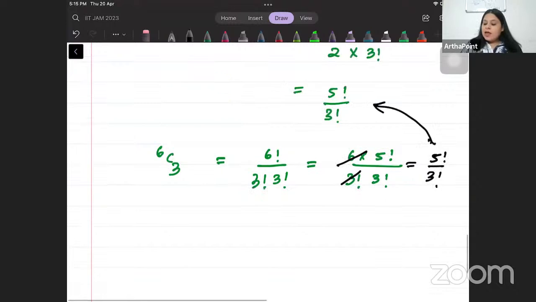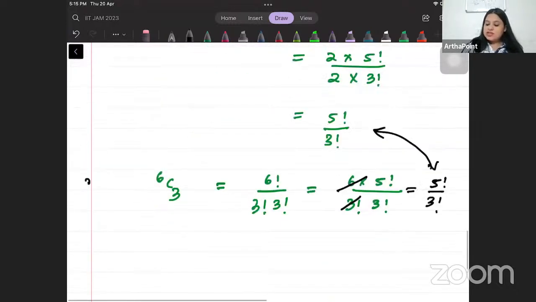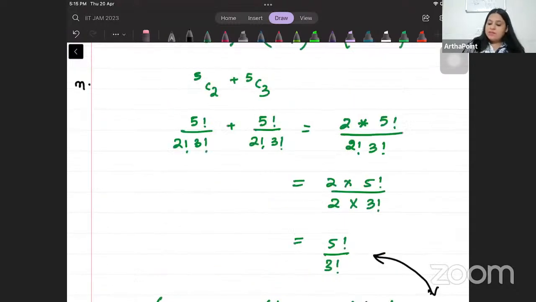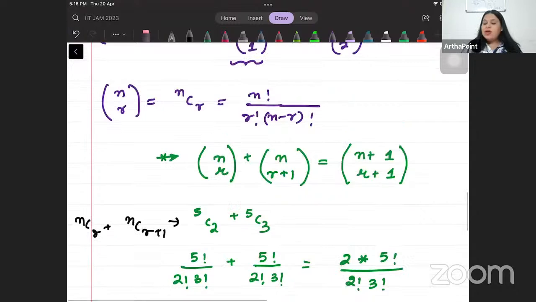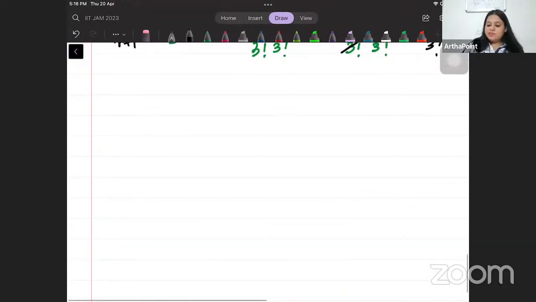The same thing. So basically this is (n plus 1)C(r plus 1), and this is nCr plus nC(r plus 1). So nCr plus nC(r plus 1) is nothing but (n plus 1)C(r plus 1). Okay? Alright, beta. Now write the general equation for this, the general case.